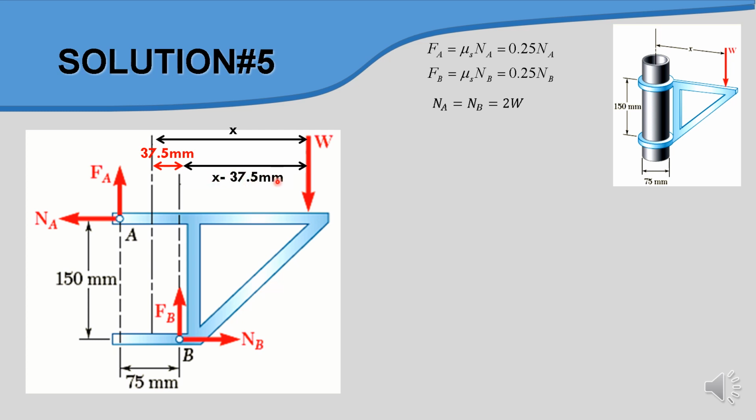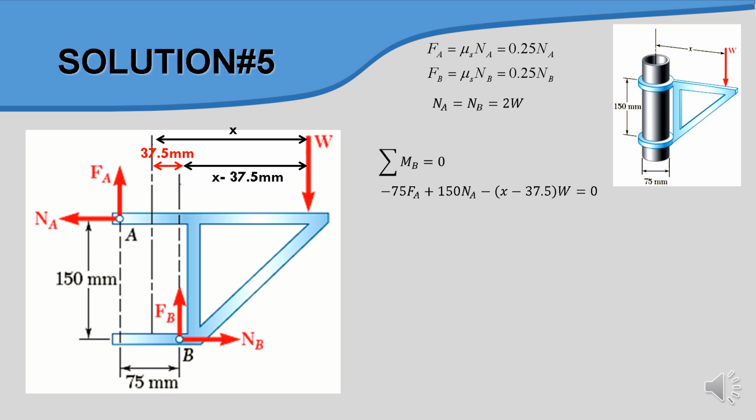We would like to know the distance of W, which is X. Why we need this value is because we want to apply moment at point B. Once we know the moment at point B, we will know the distance of W from point B, which is X minus 37.5.